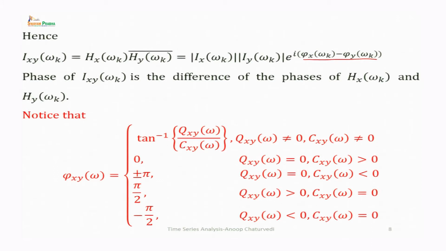Again, I just want to remind you how we have defined φ_xy(ω). φ_xy(ω) is equal to tan inverse of q upon c when both are not equal to 0, and then you get these values when one of them is 0 and the other one is positive or negative.